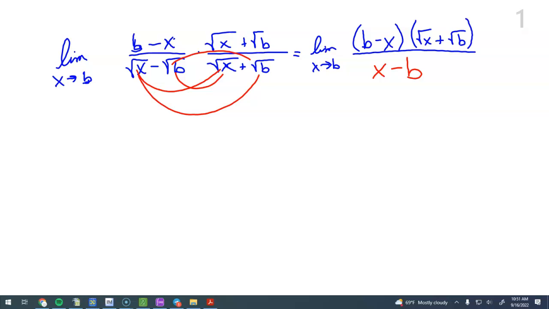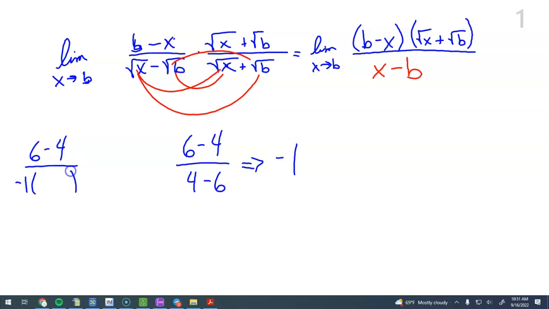So if I had like 6 minus 4 over 4 minus 6, what is that? It's 2 over negative 2, it's negative 1, right? Another way I could do that, and there would be no reason to with just numbers, is factor a negative 1 out of this.